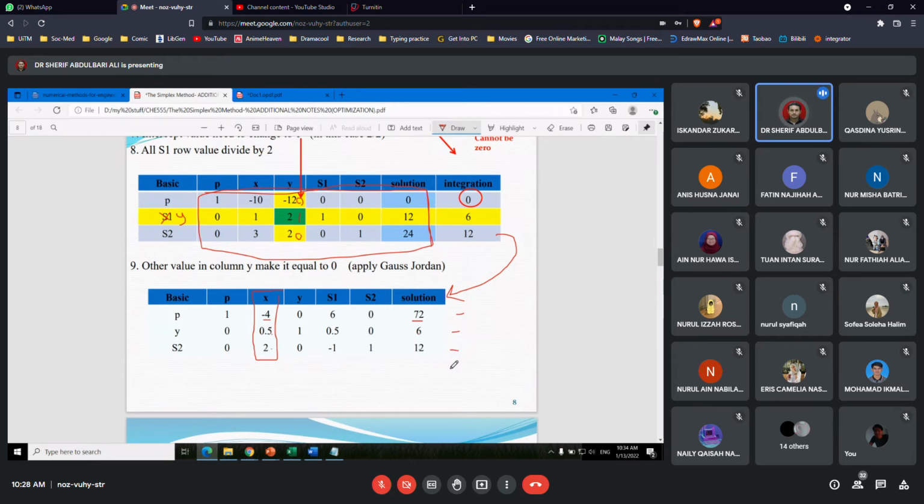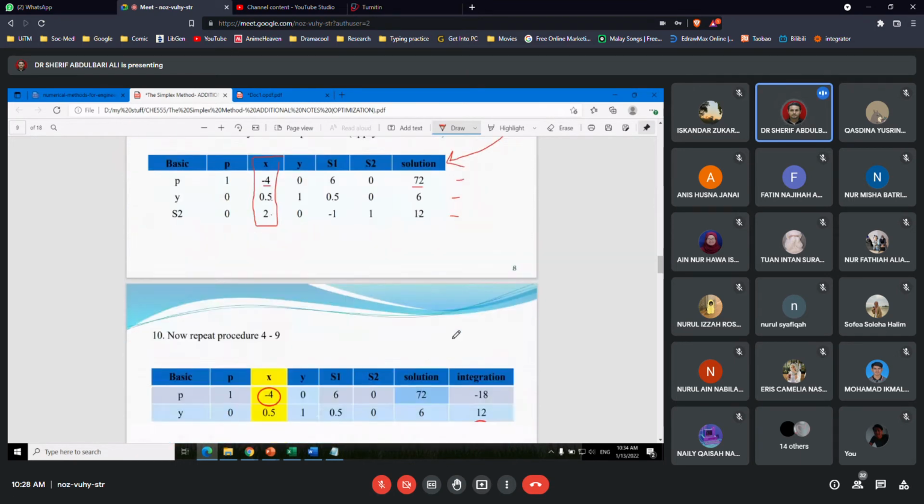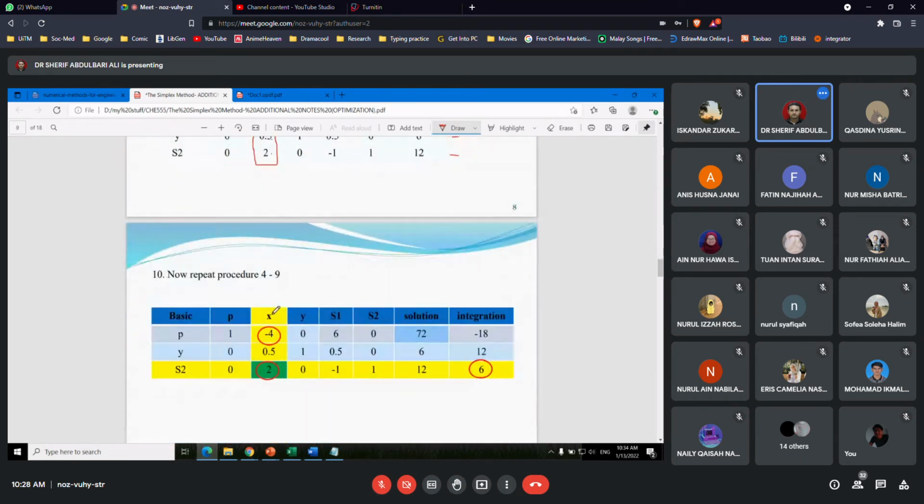Then I will choose the smallest positive value. So in my case in here, X is my pivot column. And when I get the intercept, I divide 72 over -4, so it's -18. 6 over 0.5 is 12. 12 over 2 is 6.